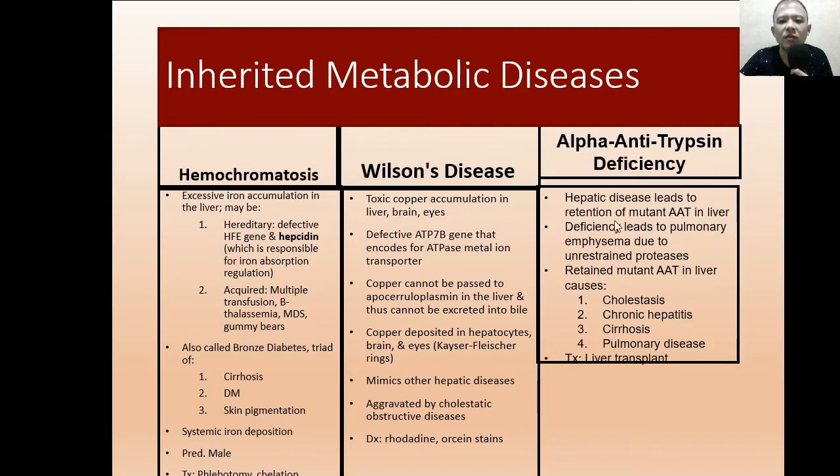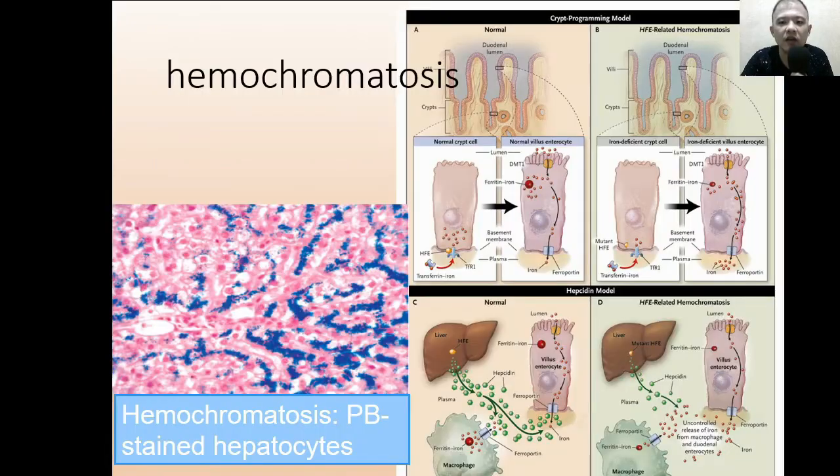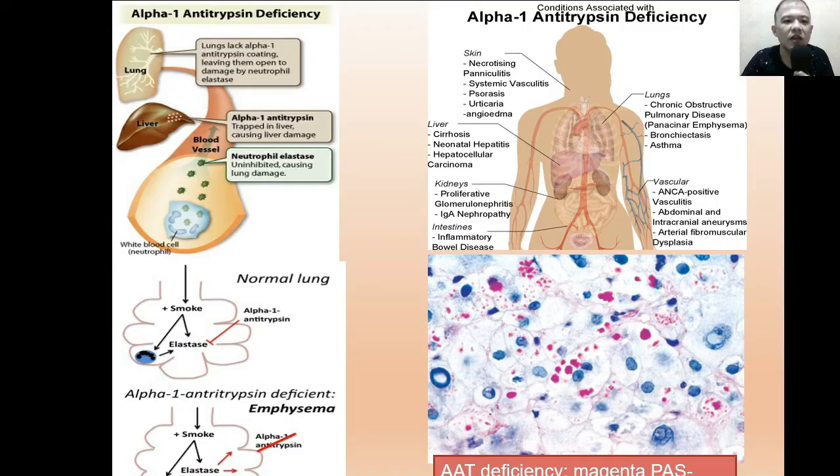So there is a deficiency of antitrypsin because of the mutant antitrypsin. Again there is retention of antitrypsin in the liver.